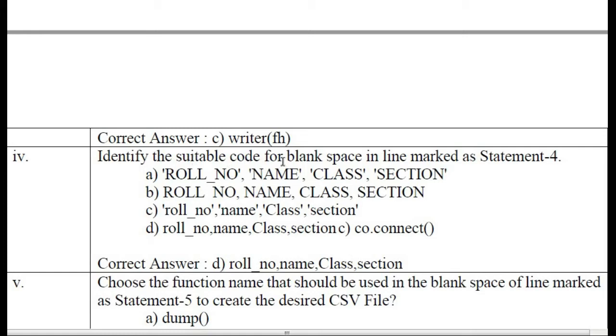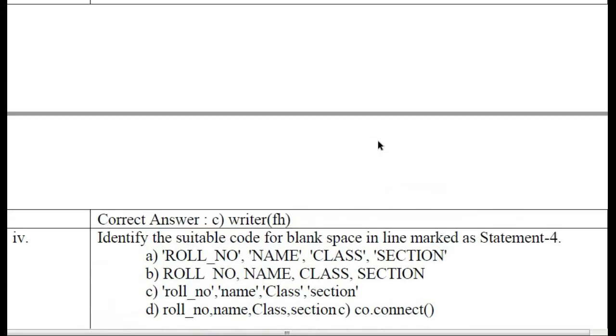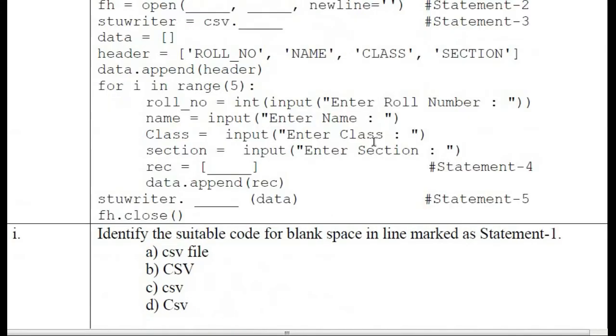Identify the suitable code for blank space in line marked as statement 4. See statement 4. rec equal to a blank space. We will see what is given here in this program. Okay. data, an empty list. Then header, that is roll number, name, class and section.